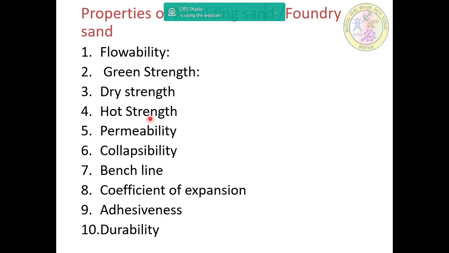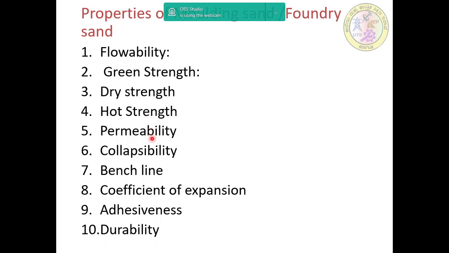When the molten metal is poured into the cavity, the mold gets heated up. If the sand does not have sufficient strength at this temperature, it will induce casting defects. Hence, sand should have adequate strength at elevated temperatures. It is nothing but hot strength.